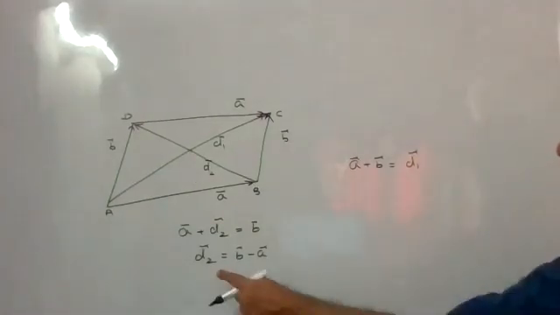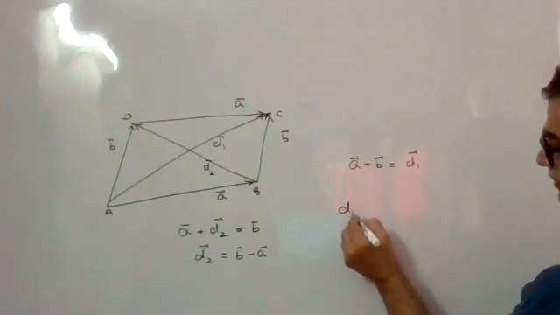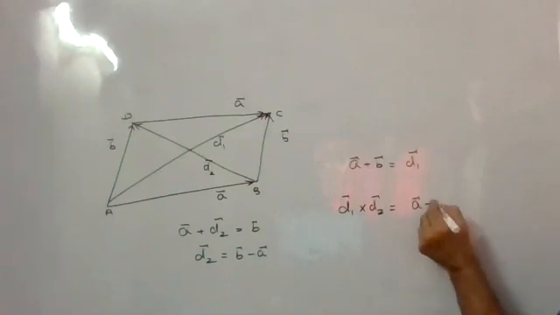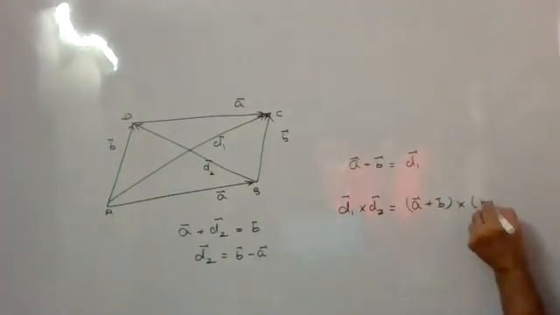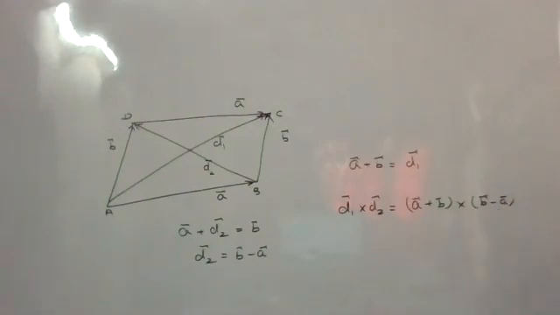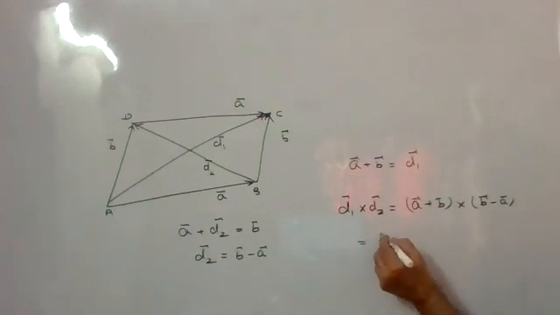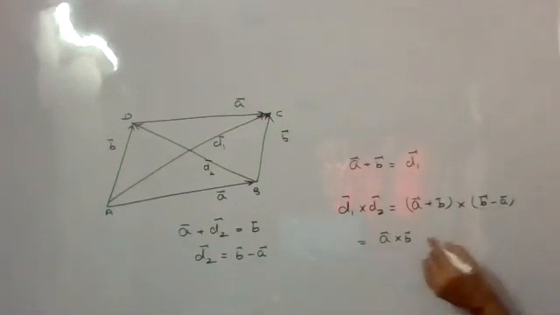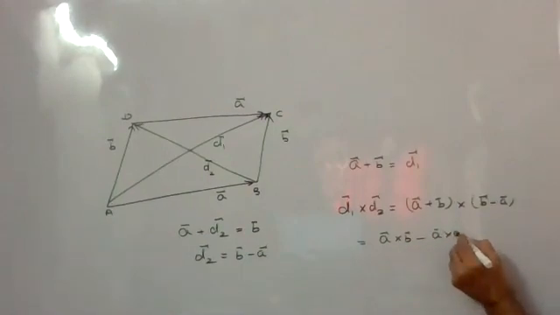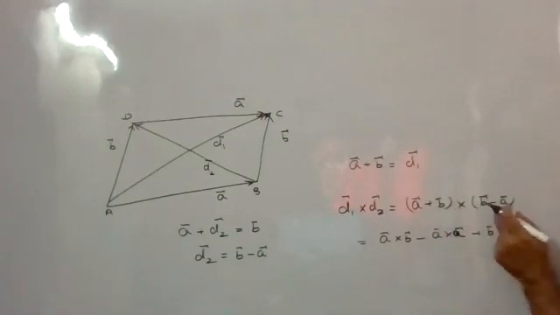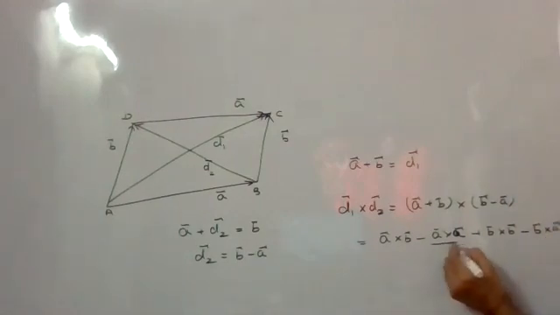Now if I take the cross product of these two, D1 cross D2, what will it come to? A plus B cross B minus A. When you solve it, it will come A cross B, minus A cross A, plus B cross B, and then minus B cross A. If the vectors are parallel, their cross product has to be 0.